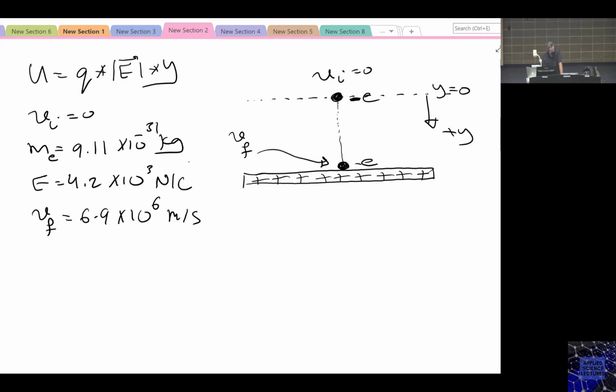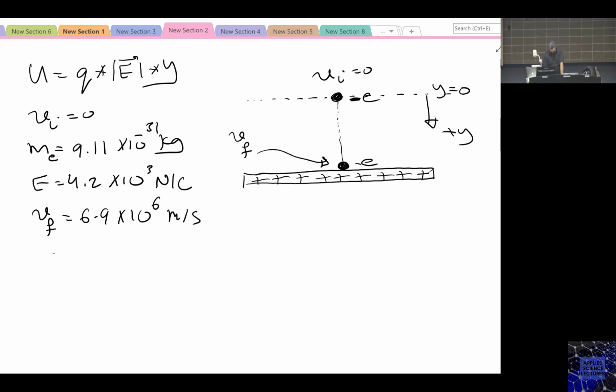VF is also given to me. What do I need to find? I need to find the height. Now keep in mind that my location of the particle, which is the electron, is my reference and my positive is pointing downward. So if I am to measure this height, then this y is going to be from here down. I'm starting from here, going this way down, then I'm going positive y.